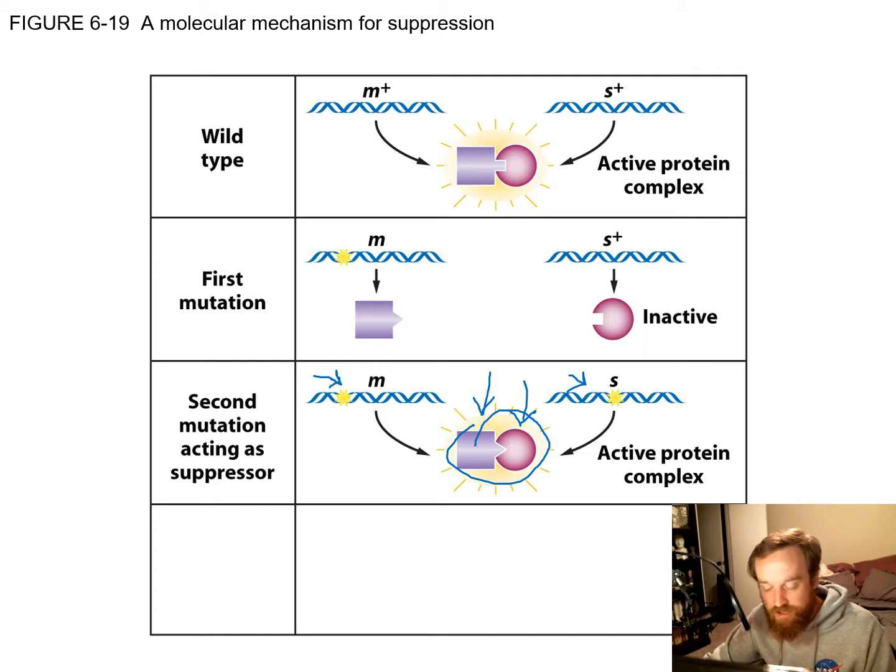So if you look here, the binding site is a triangle, and then in our wild type, it was a square. So it's just random, this coincidence that the mutations both occurred and caused these proteins to still work together.